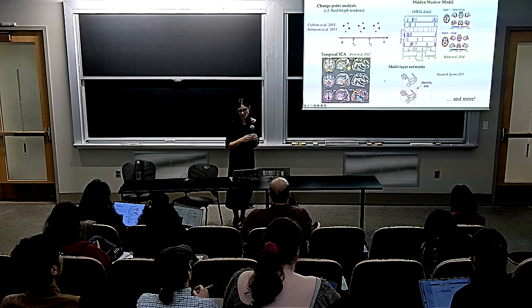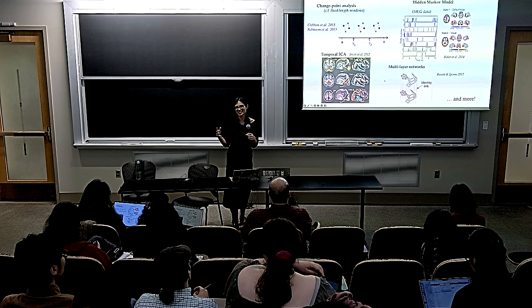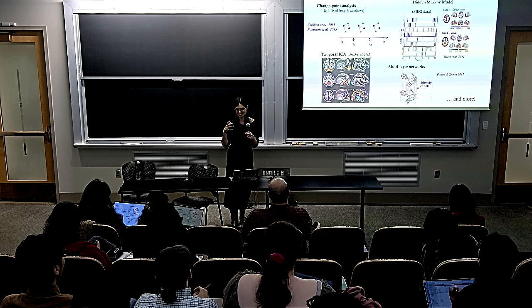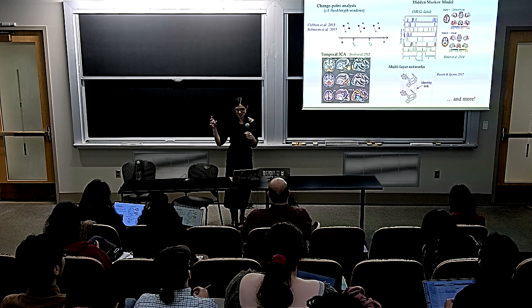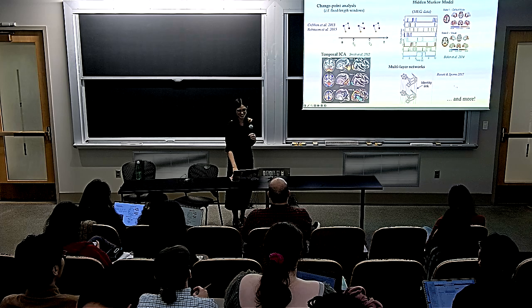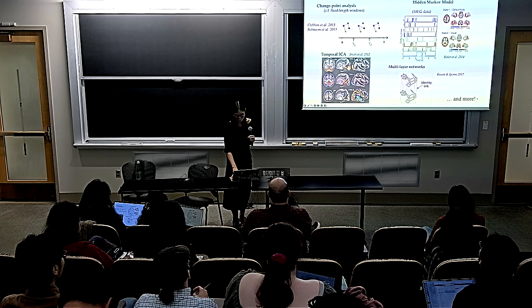For complex network approaches, this can also be extended into the time domain. You can have links between different time windows and build multi-layer networks. So this is another rich area. There's more too; there's no way to survey them all in a lecture.